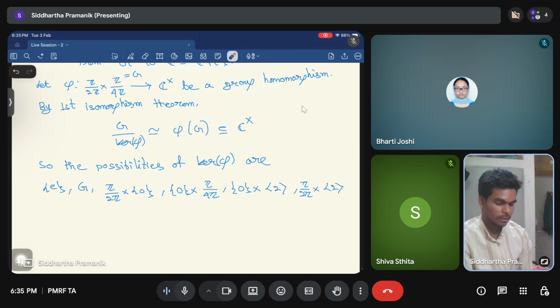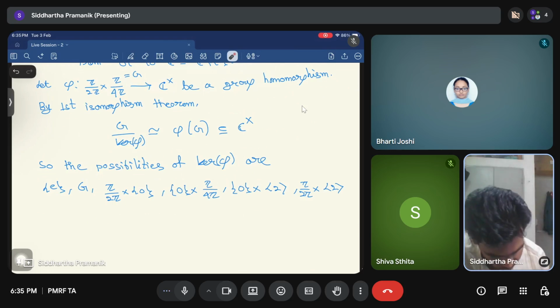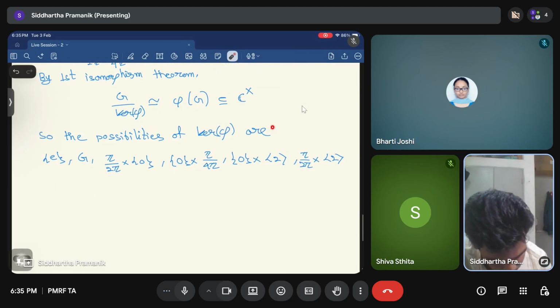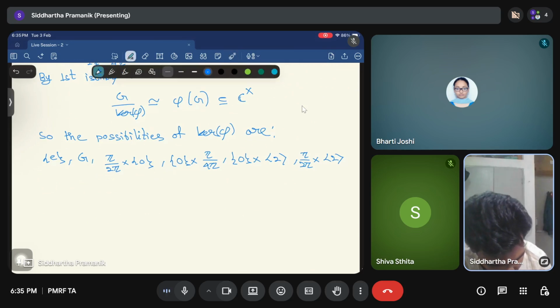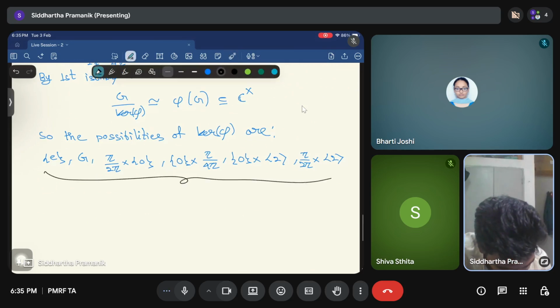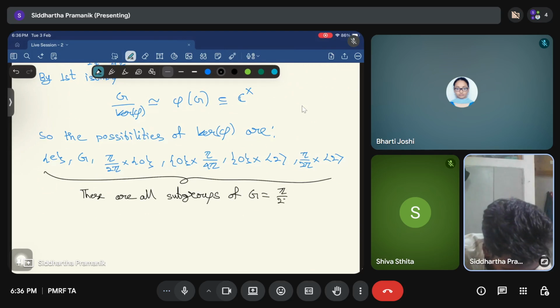Now let's see which one can be the kernel. So let me write in black. So these are all subgroups of G, which is Z mod 2Z cross Z mod 4Z.